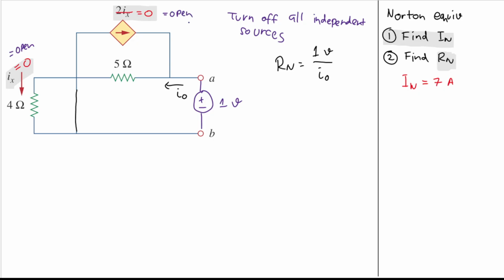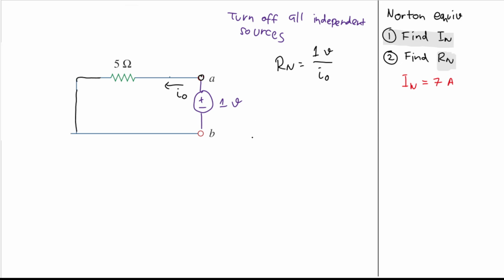So we simplify this circuit more. Here is the simplified circuit, and it is a very simple circuit. We can just use Ohm's law to find I0.